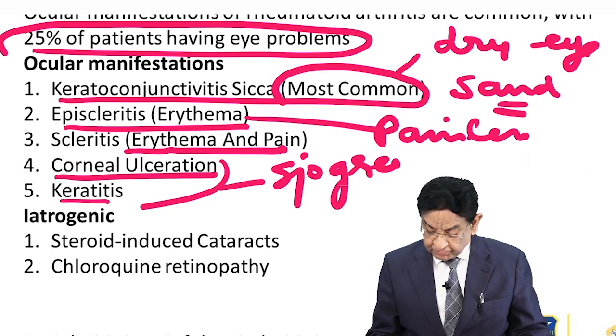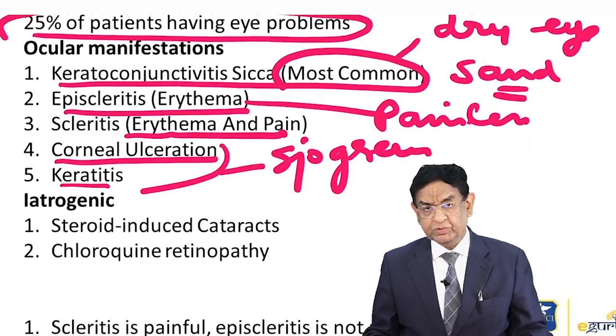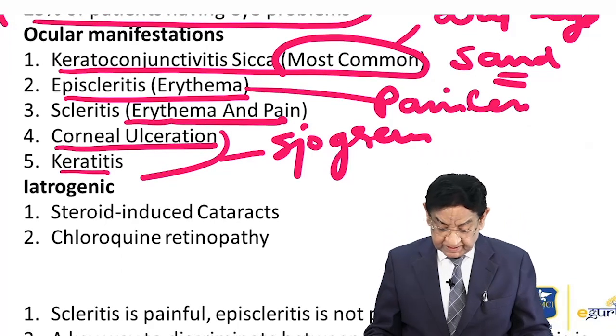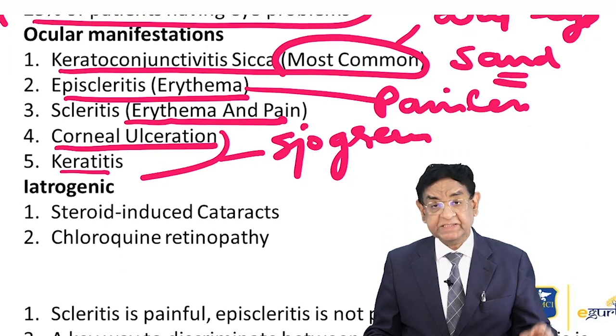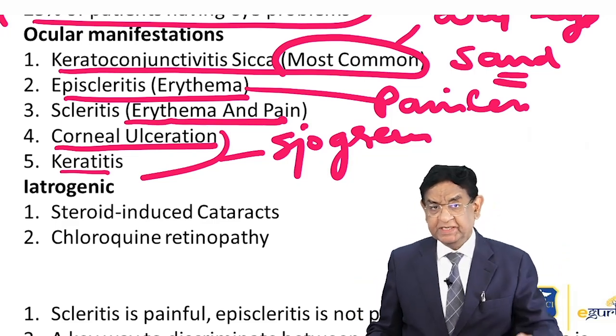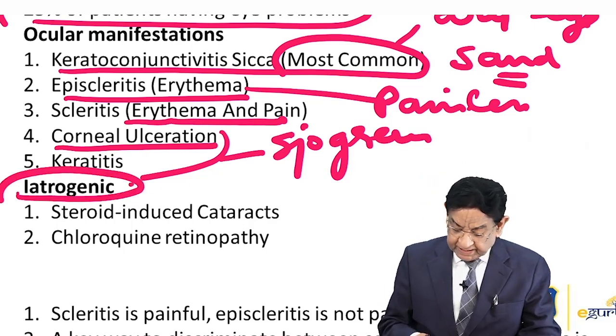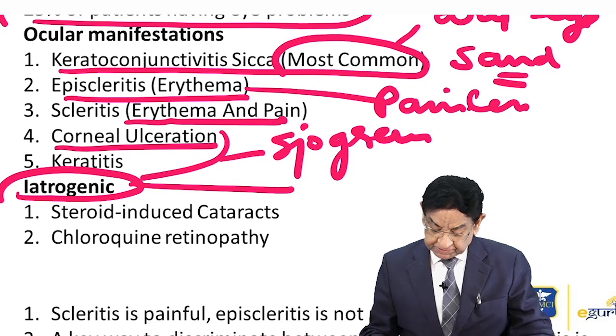In Sjogren's syndrome, we are well aware that the eye becomes dry, so the keratitis and corneal ulceration are secondary to dryness. Not only does eye manifestation occur due to the disease, there can be manifestations due to treatment also. Iatrogenic means treatment induced.